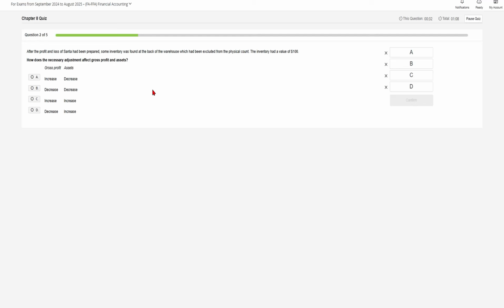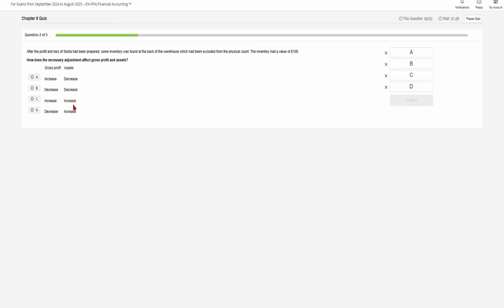That means the value of inventory will be increased by 100 because it was excluded earlier from the physical count. So it's very much sure that our asset inventory, which is our current asset, will increase because previously we had not included it. So option A and B is out, so either C or D could be our answer.